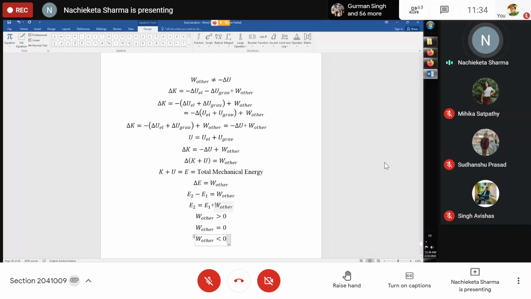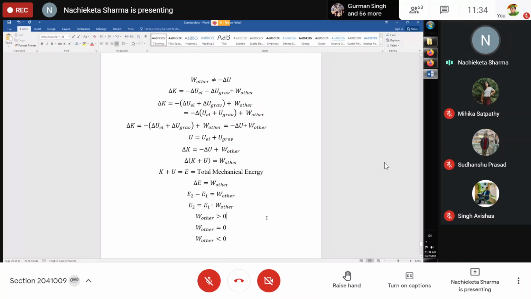Now you see, when this W other is greater than 0, then E2 is greater than E1. That means the other forces have done work on the system. That's why the total energy has increased. If W other is less than 0, then E2 is equal to E1 minus W other.